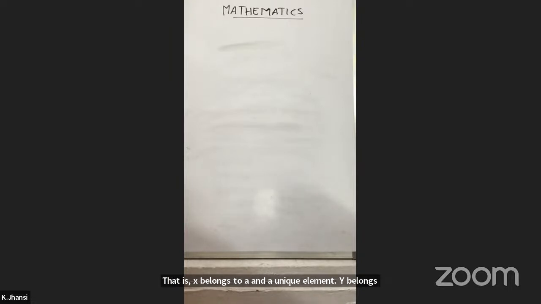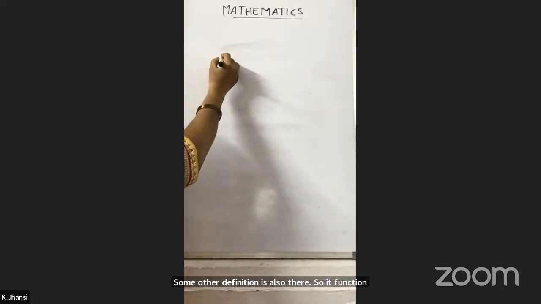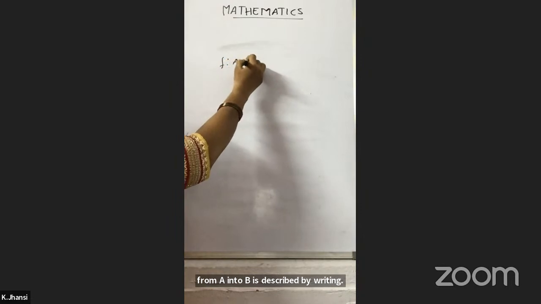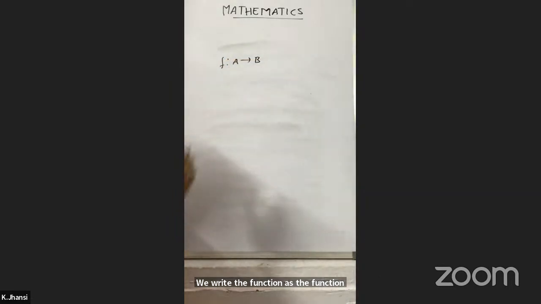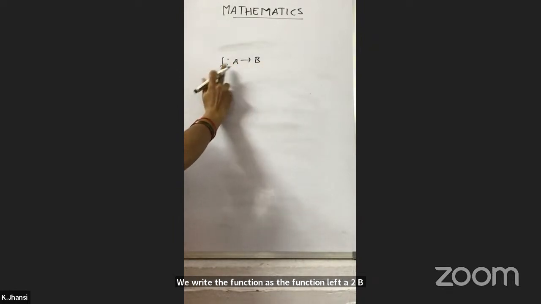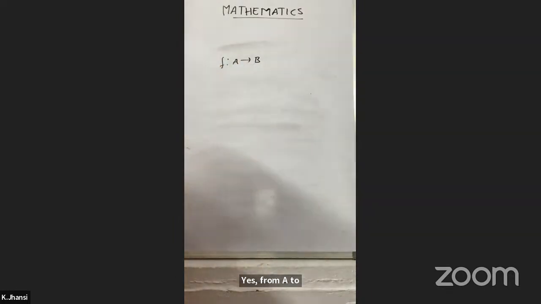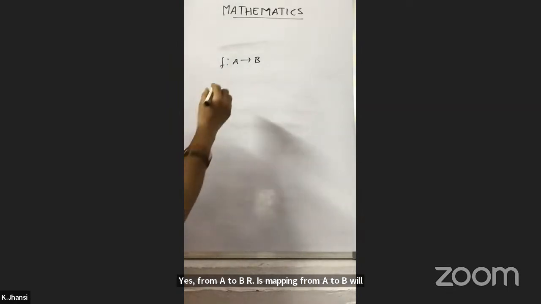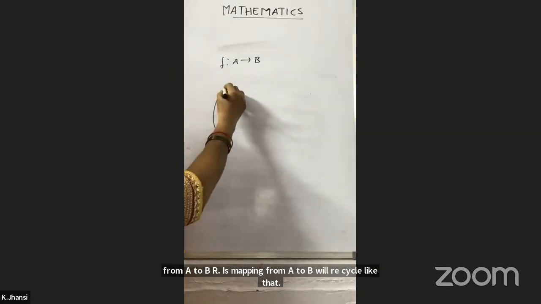A function f from A into B is described by writing function f from A to B, or f mapping from A to B. We'll read it like this or like that. Okay. So you can take a set like this here.